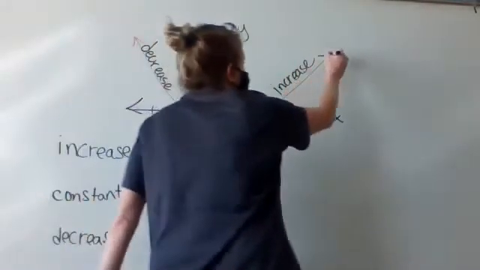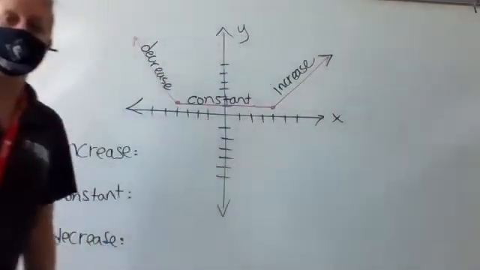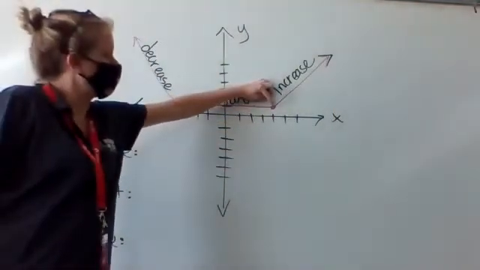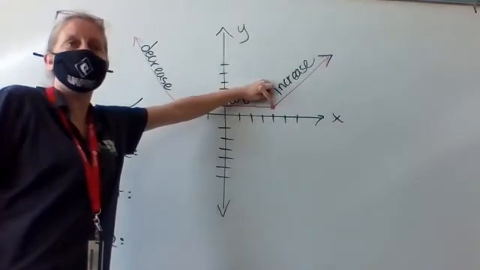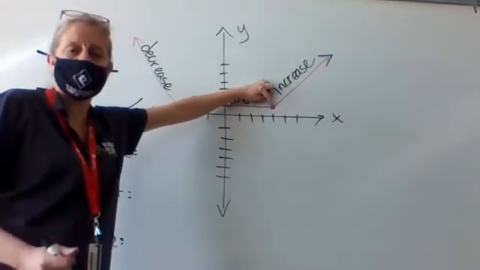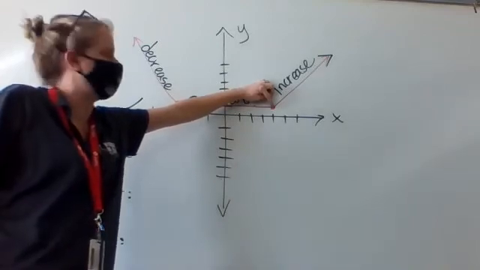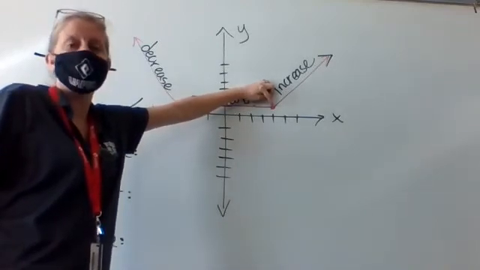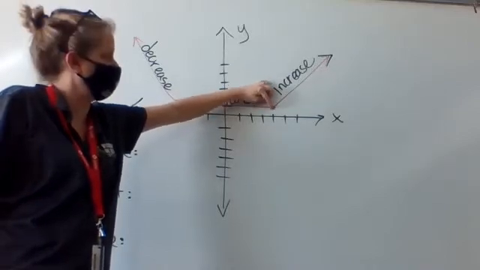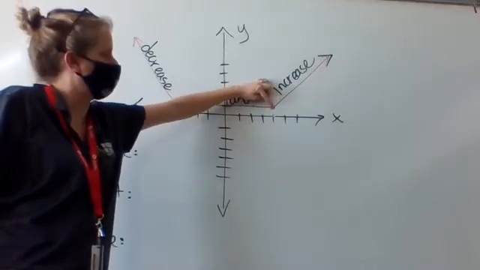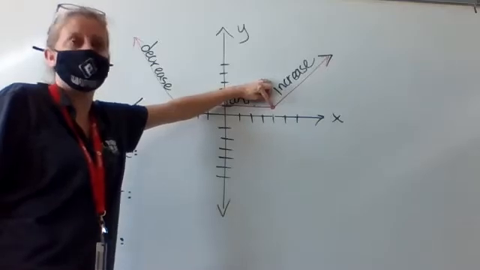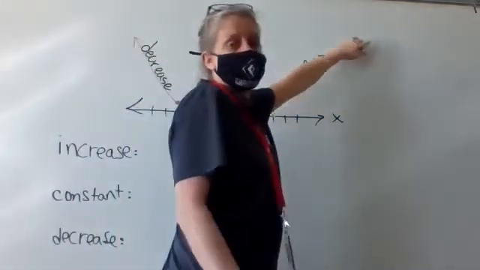That's what this arrow means. It goes forever. So what is the X coordinate of this point? That is where it starts increasing. That's going to be your starting thing in your interval. The X here is +4, right? Where it lines up with the X is 4. So it's going to increase from 4 to infinity.